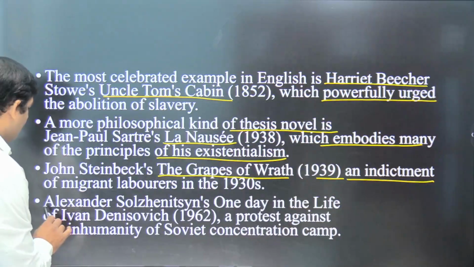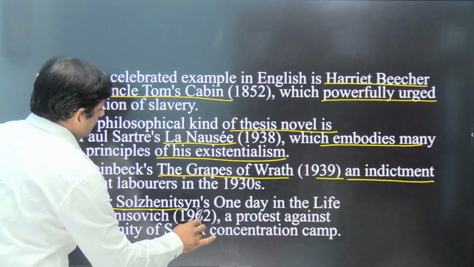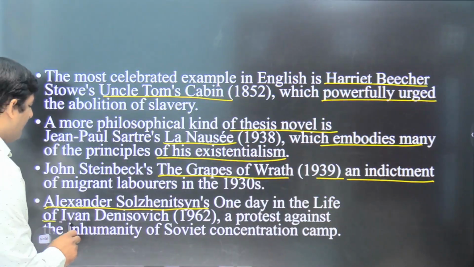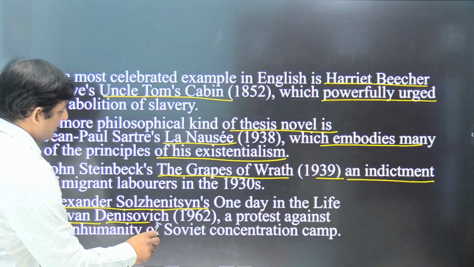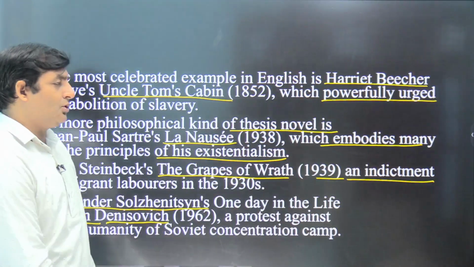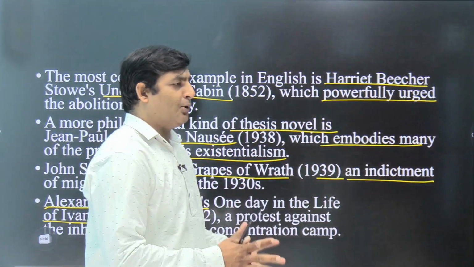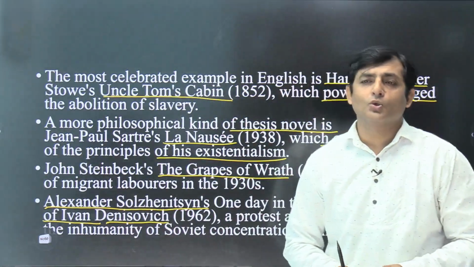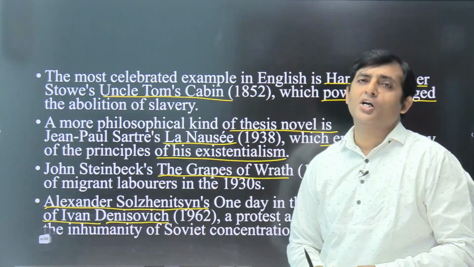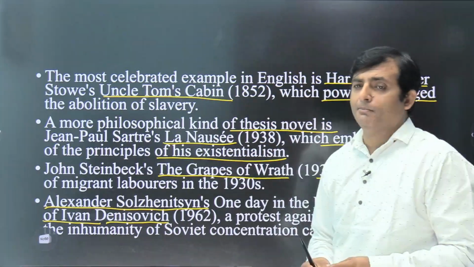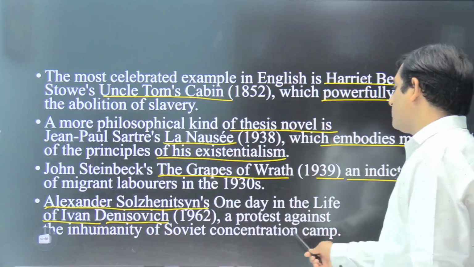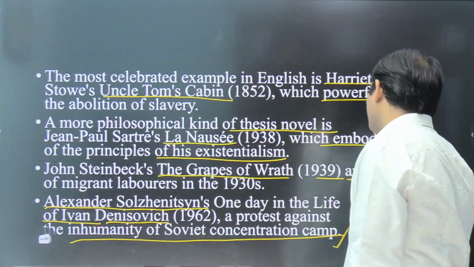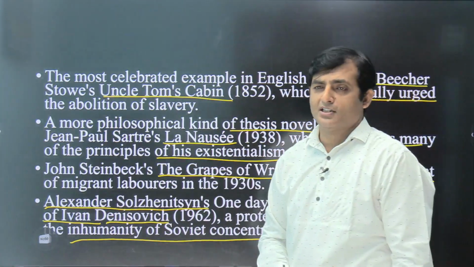And Alexander Solzhenitsyn's Russian novel One Day in the Life of Ivan Denisovich, 1962, and this novel was a protest against the concentration camps of the Soviet Union of Russia. Right? Against the inhumanity of the Soviet concentration camps. Right? These are the protest novels.